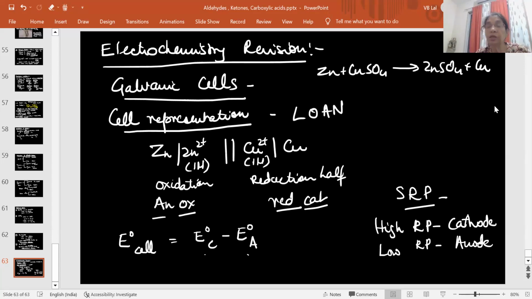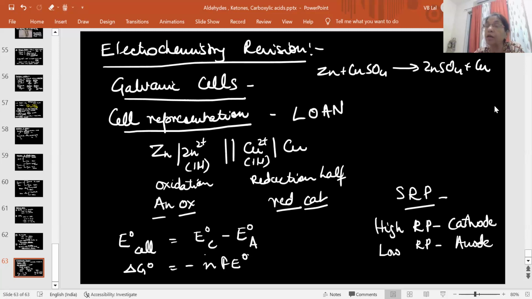Once you know the E0 cell, you can also find delta G0, which is equal to minus N into F into E0. N is the number of electrons which have changed. In this case, the number of electrons changed is 2.